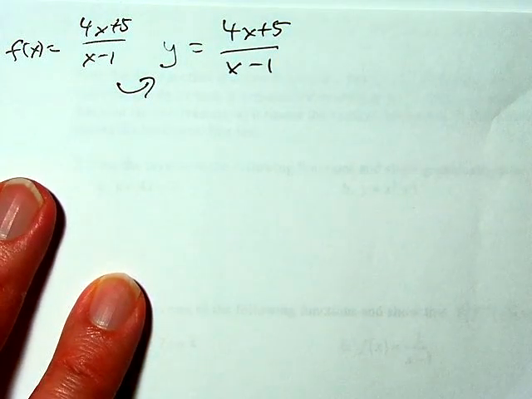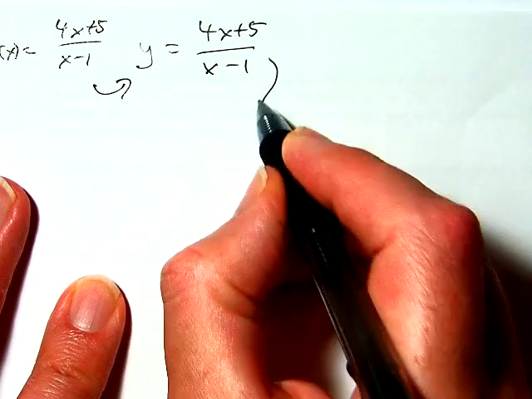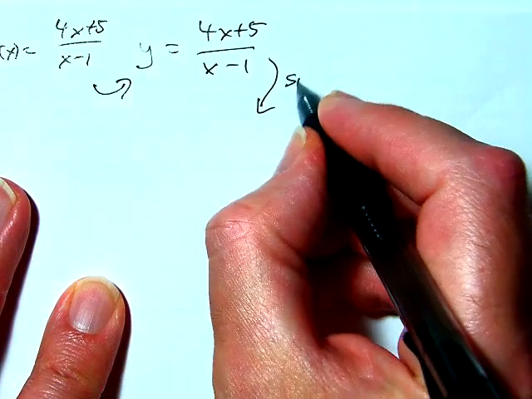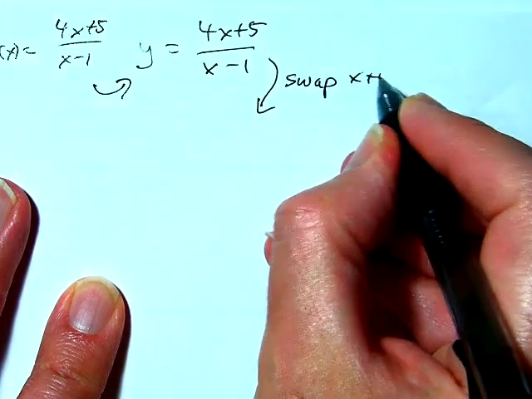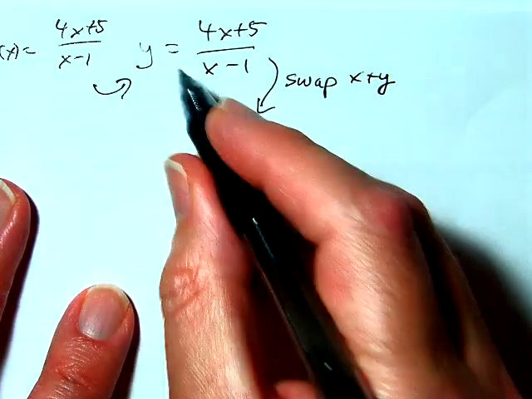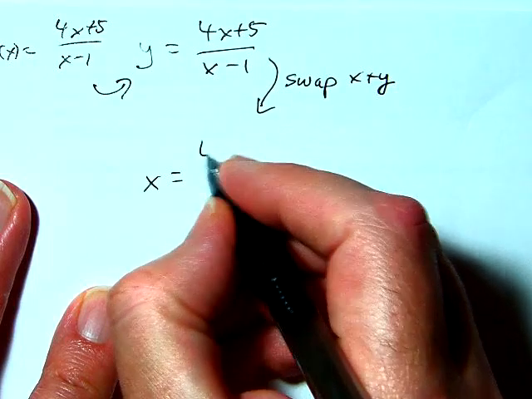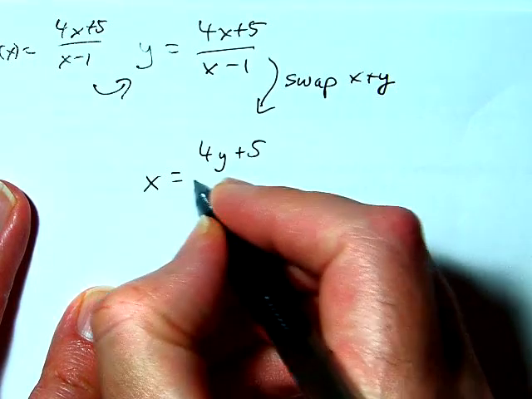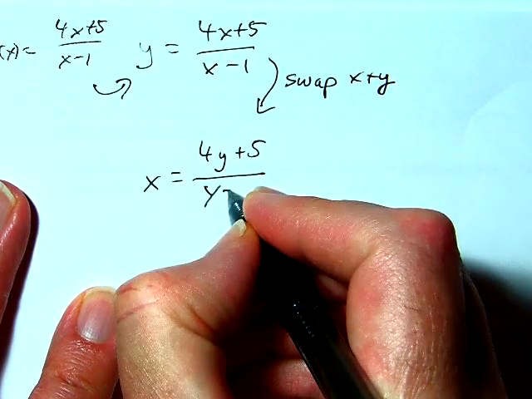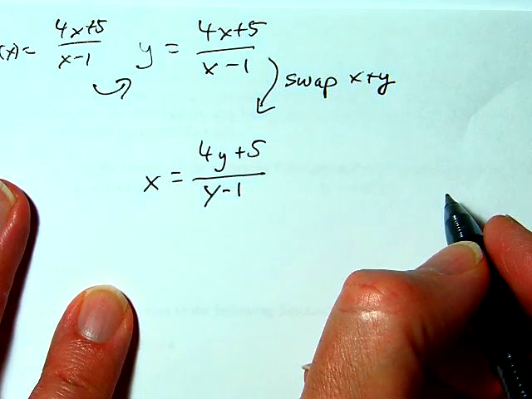Now, having done that already and you're given that as the format, the next step is to interchange or swap x and y. Swap the positions of x and y. Very easy to do. Wherever you see a y, you put an x, and wherever you see an x, you put a y. It is as simple as that. It's as if you took an eraser and simply erased out the x's, wrote in y's, and vice versa.